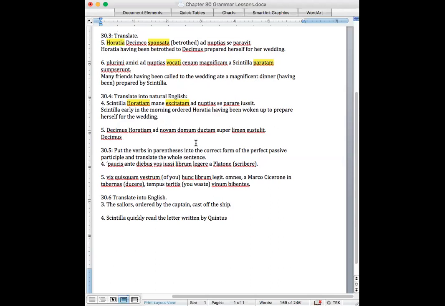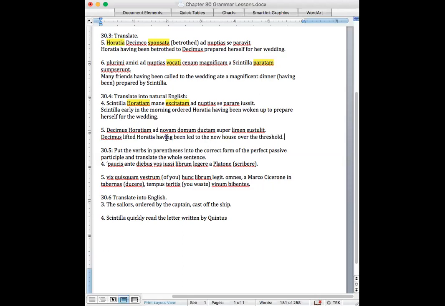So Decimus lifted Horatia. Having been, oh my goodness. Having been led to the new house over the threshold.